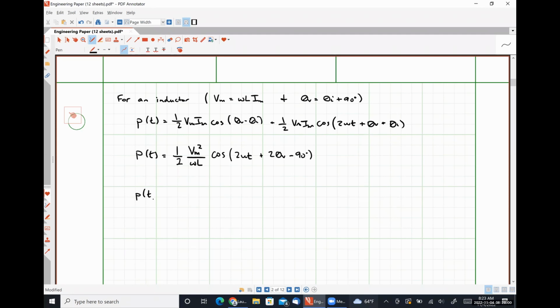Expressed only in terms of the current, we're going to have 1/2 omega L Im squared cosine twice omega t plus twice theta I plus 90 degrees.